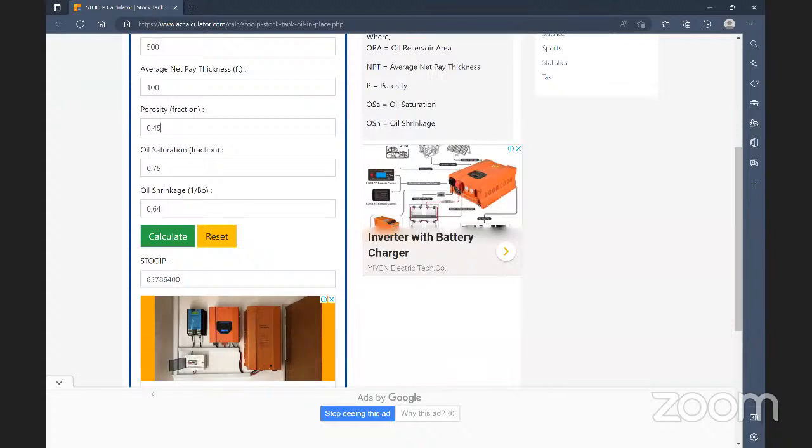So let's change this porosity from 45. Remember, your volume was 83.8 million barrels. And then the porosity is now, let's just say 30, by burial or by compaction. And then I run the calculation again. You see your volume has reduced to 55.9 million barrels. What it was, 70 something to 55. So you can imagine what this does to our volumes, you know?